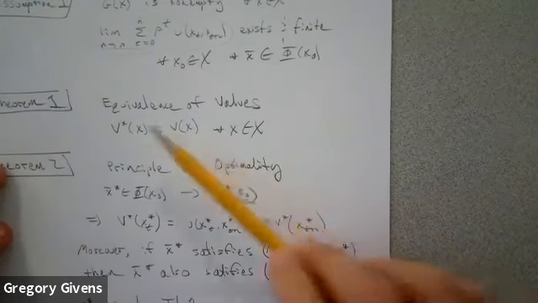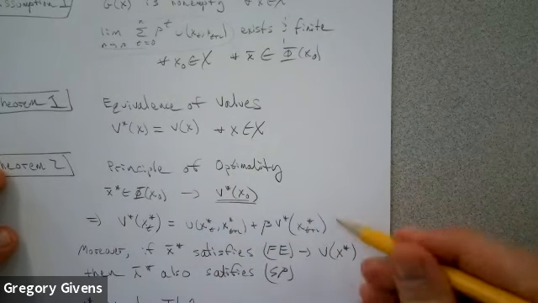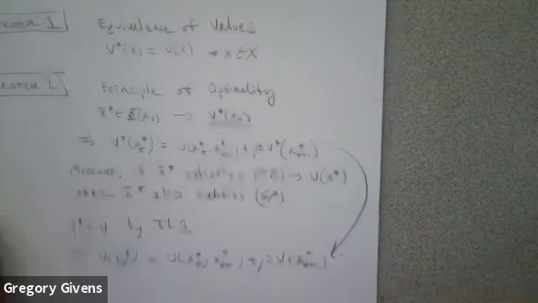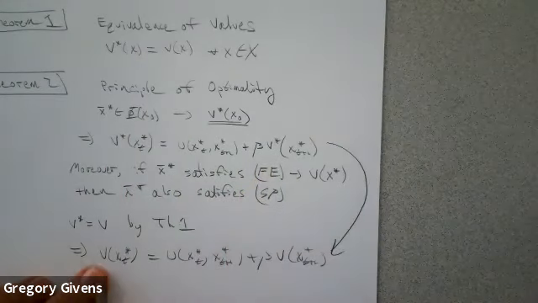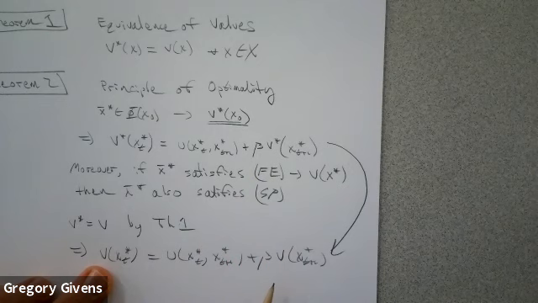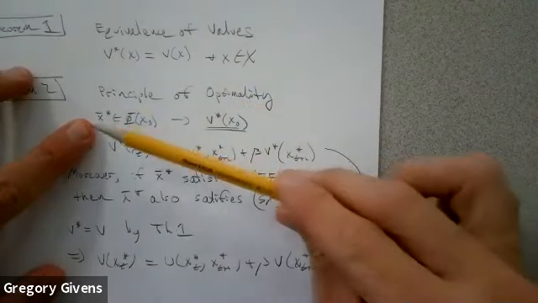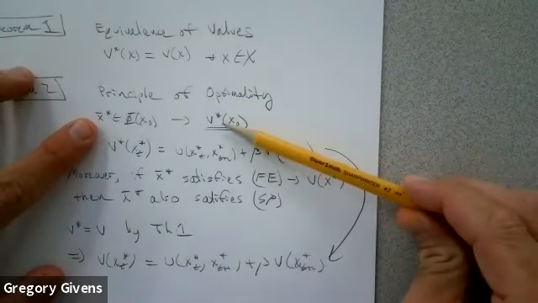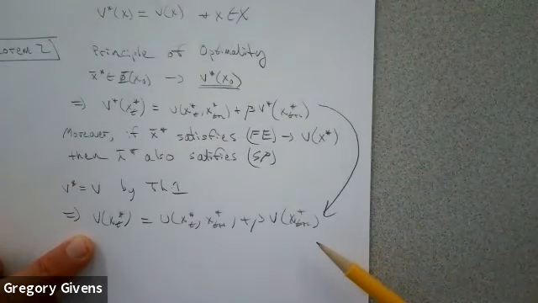Now, Theorem 1 says that V star is equal to V. So that implies that we can write that equation not as V star is equal to U plus beta V star, but as V is equal to U plus beta V star. Therefore, if we have found a solution X star to the sequence problem, we've also found a solution to the functional equation, that is, the Bellman equation.